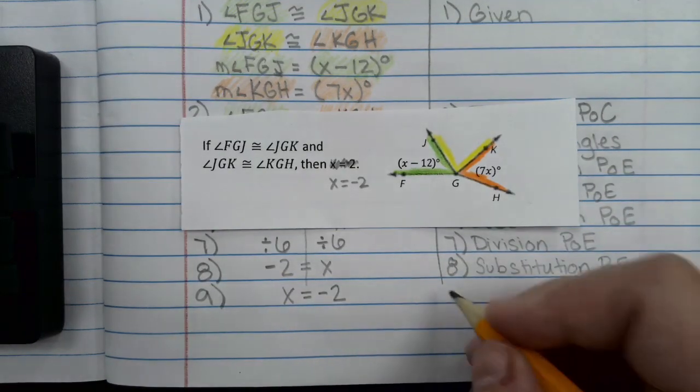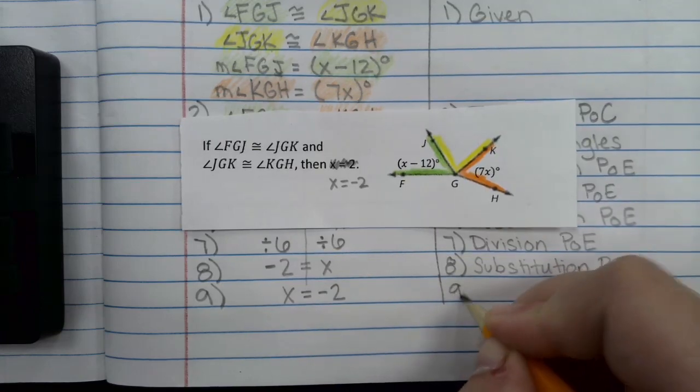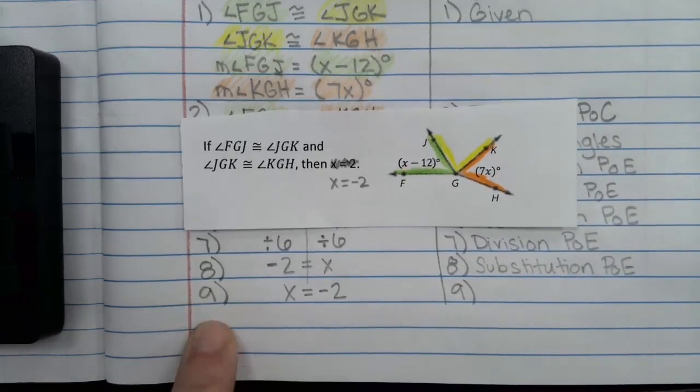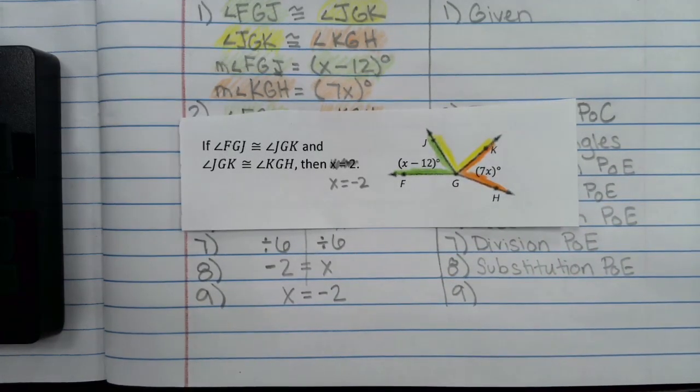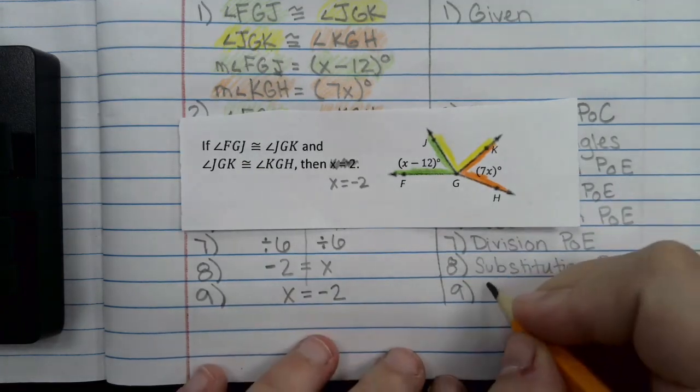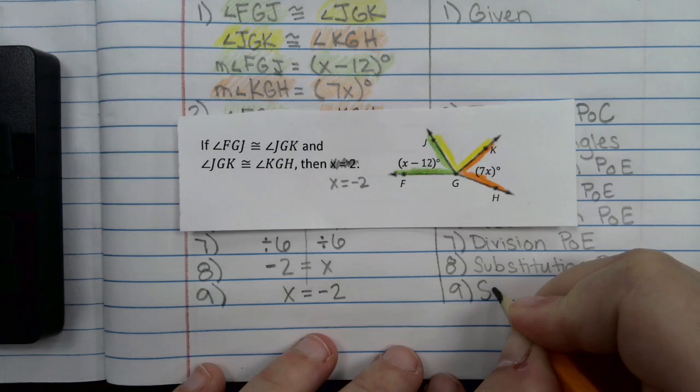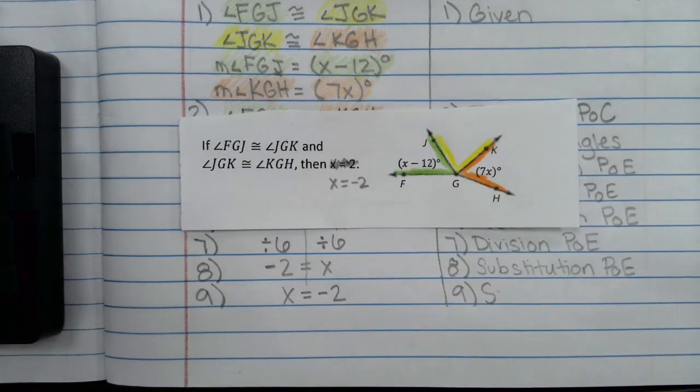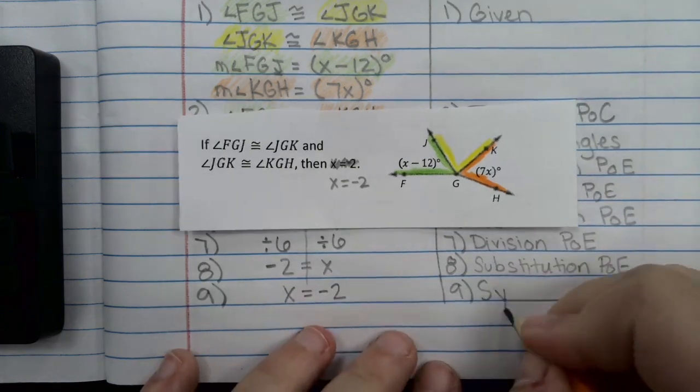Now, I could do that, because step 8 told me in step 9 I can flip it around like that. What property says we can flip it around? Symmetric.